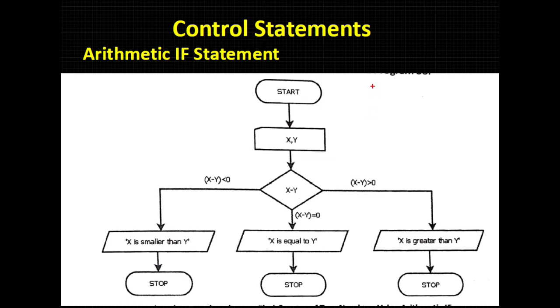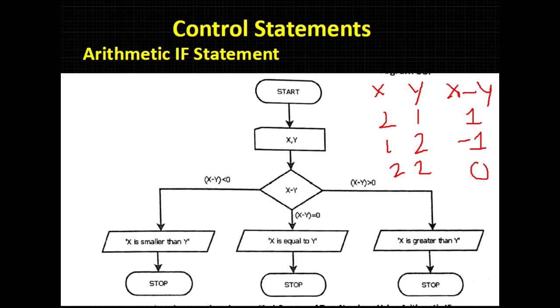For example, if x is 2 and y is 1, the result of x minus y is 2 minus 1, which is 1, positive. If x is 1 and y is 2, the result will be minus 1, and if both are 2, the result will be 0. So we will use this logic.